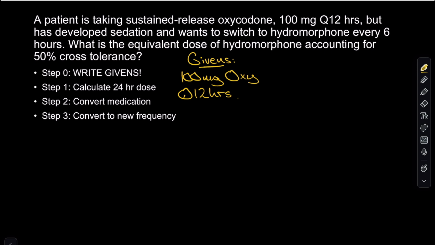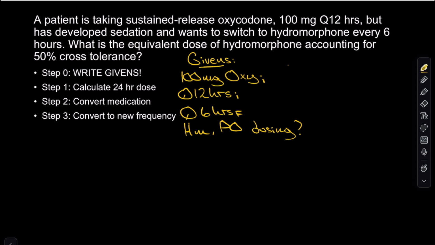So we'll say this is the initial timing, this is our initial medication, and then we want to switch to hydromorphone every 6 hours, the final timing, and then we want to know the hydromorphone PO dosing. That's our question.